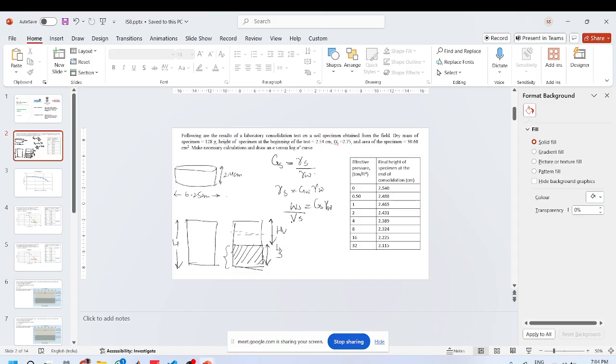And weight of solids, we have been given dry mass of specimen. Volume of solids we can write as area into height of solids. So this will be weight of solids over Gs gamma w. So height of solids will be weight of solids by A Gs gamma w.